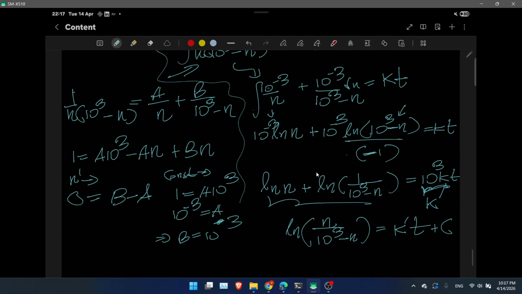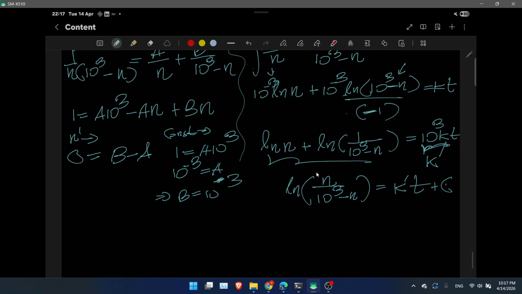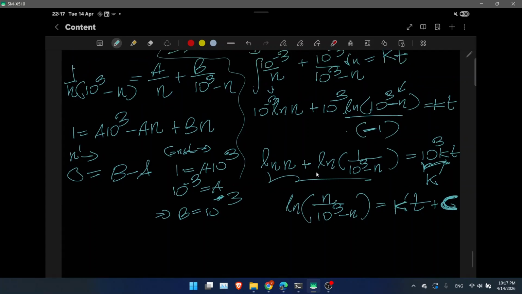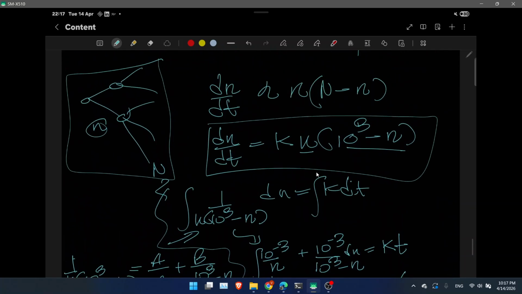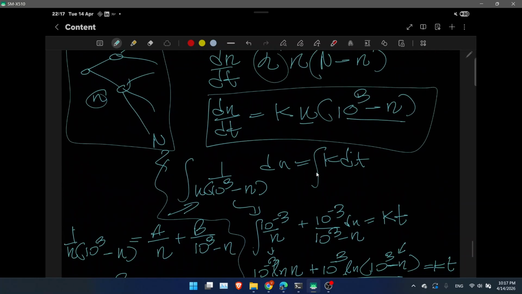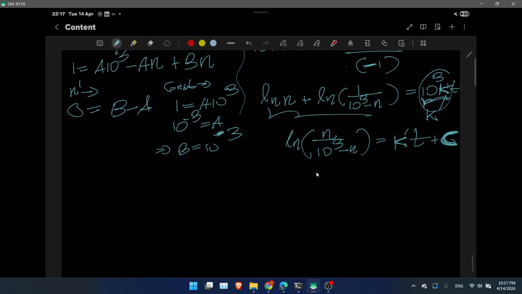You remember when integrating, there should be a constant. It is no problem even though we multiplied all the equation by 10 to the power 3. This constant comes with the integration, and this k comes with the removal of the proportionality sign.